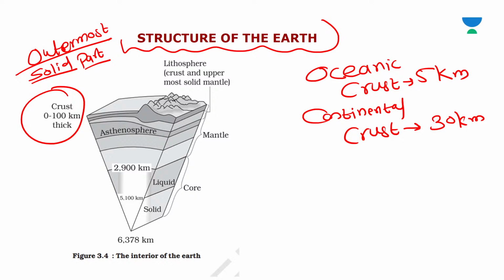The continental crust is thicker in the areas of major mountain systems. It is as much as 70 kilometers thick in the Himalayan region.